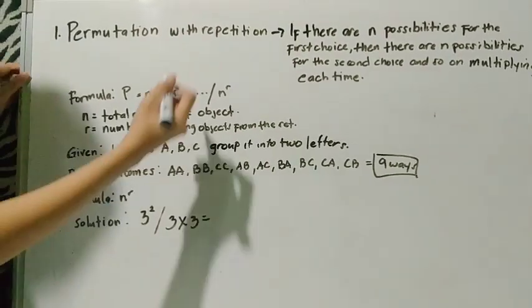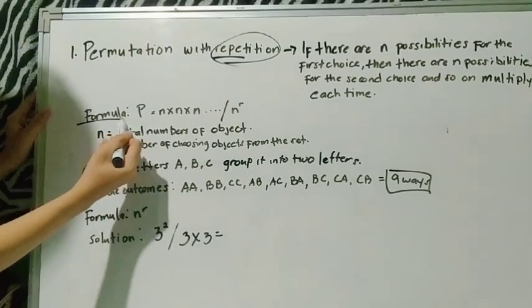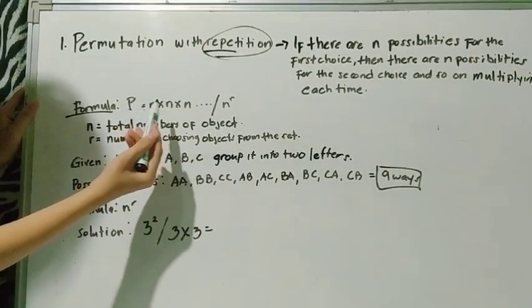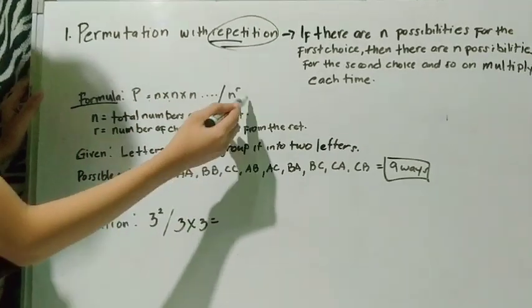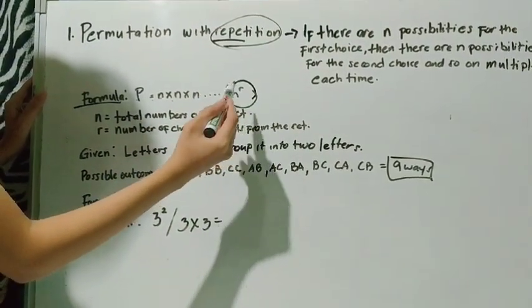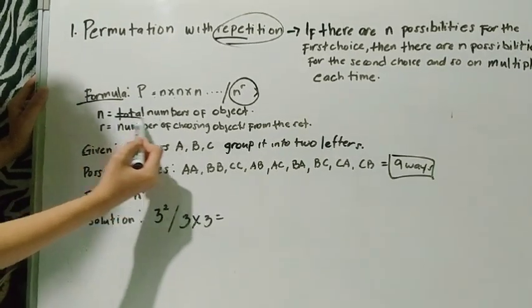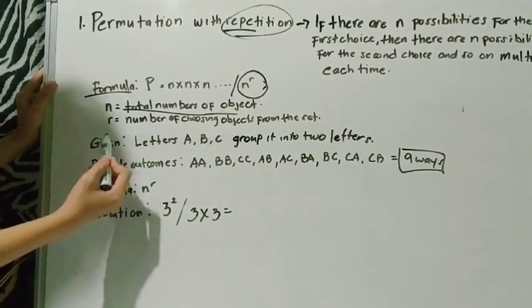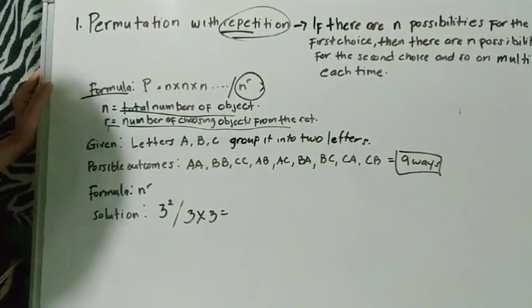The formula is P equals n times n times n and so on, or we simply write n raised to r. n stands for the total number of objects and r is the number of chosen objects from the set.